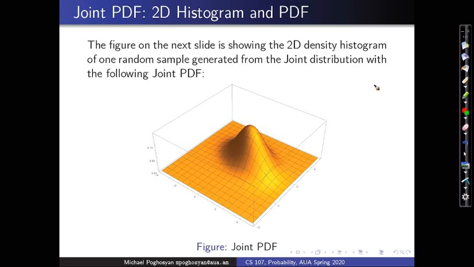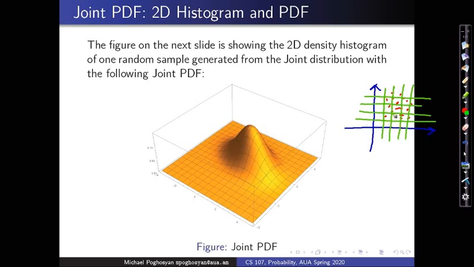If I generate some points, I will have something like this, a lot of points here. I take a grid, dividing the plane into small squares.